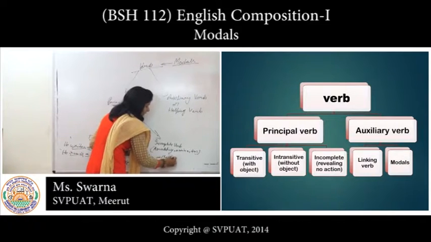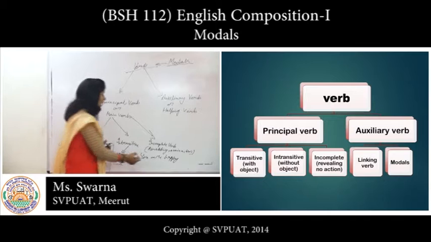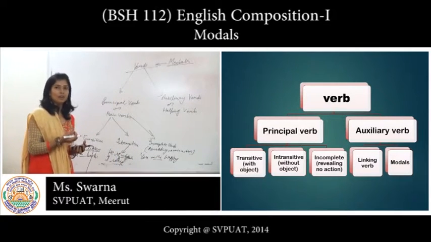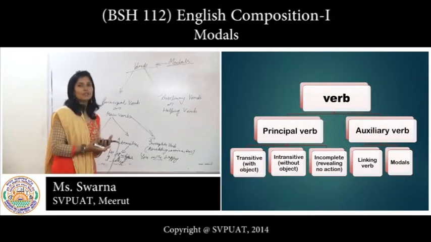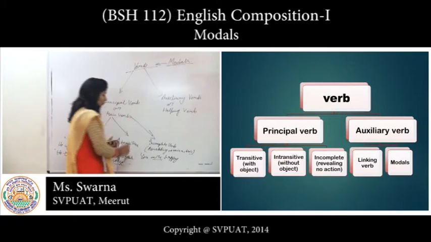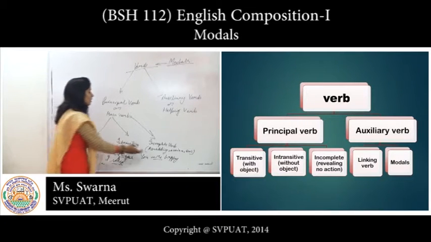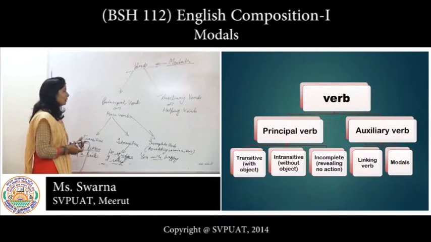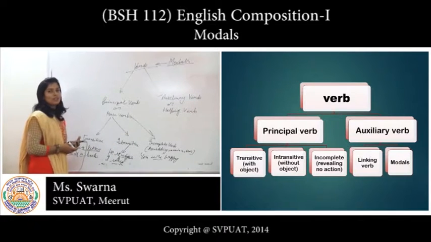In these sentences, are is used as a principal verb or main verb, because we put is, are, am, was, were under the category of helping verb, but in incomplete verb these words are used as principal verb. So these are the three parts of principal verb which are used in a sentence.